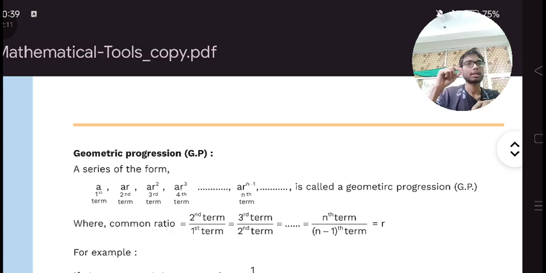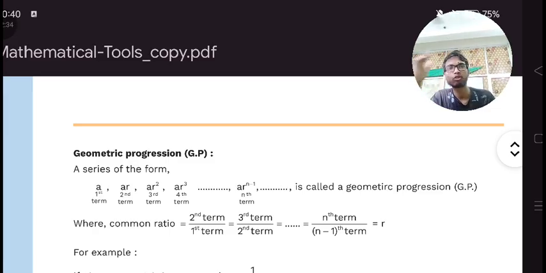Then I realized right now that yes, there are some concepts of sets in this. So this is your basic.